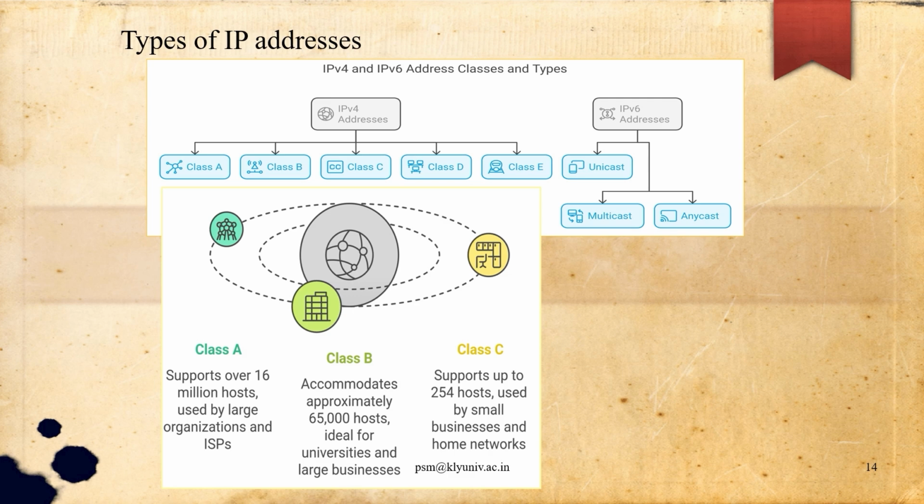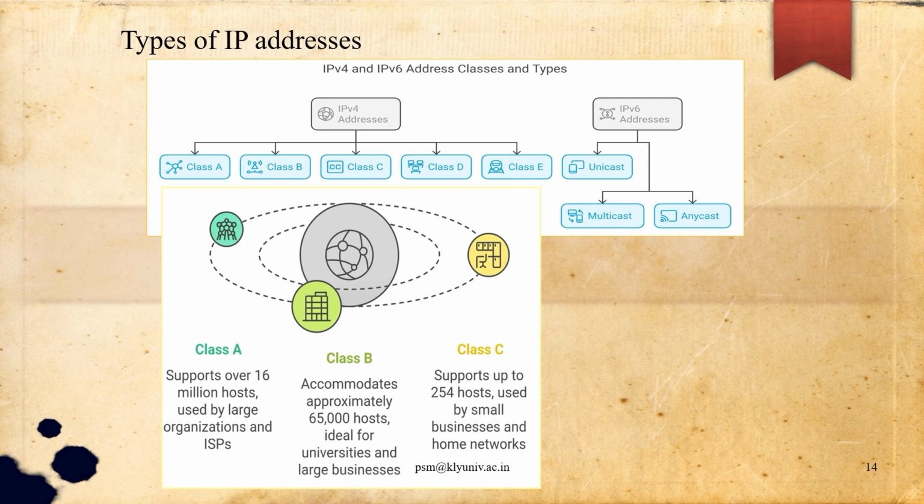Generally class C, through which you can support up to 254 hosts, is used in local area networks, when the local area network is based on internet technology like TCP/IP, HTTP and so on. That we call an intranet.